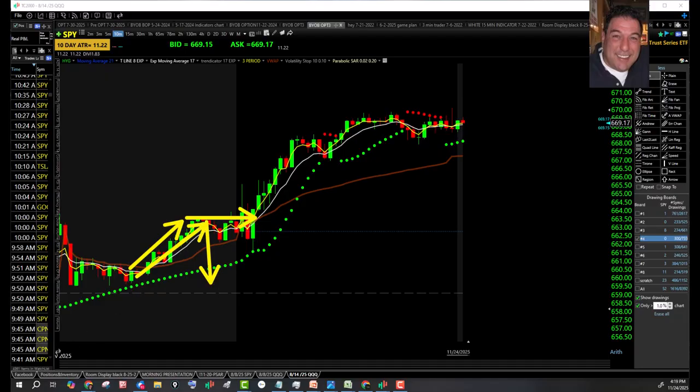But no, they didn't do that. They went up and held the higher ground. That's a bullish environment. We're laying out the landscape so we can get the clues and form our bias.